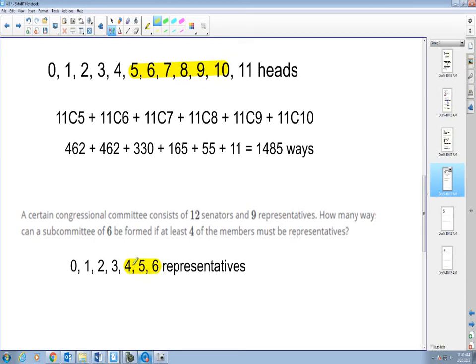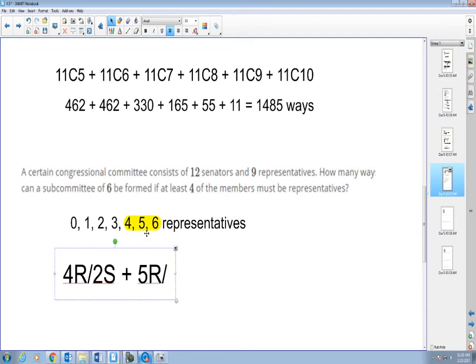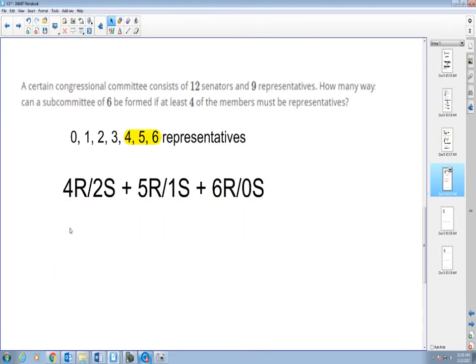Alright, so I'm going to attack this directly, because what I don't want is more ways than what I want. So let's do 4. Think about this for a minute. If 4 of them have to be representatives, that means the other 2 have to be senators. Or I can have 5 representatives, which means the other 1 person has to be a senator. Or I can have all 6 of them be representatives, which means there are no senators on this subcommittee. So these are the 3 possible scenarios.